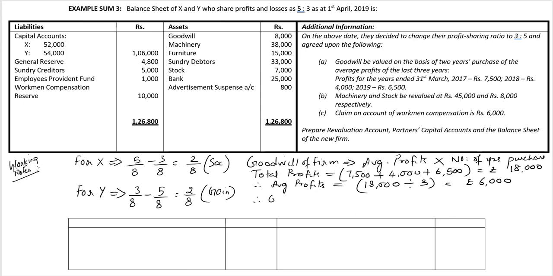Therefore, goodwill of firm is equal to the average profits of rupees 6,000 into the number of years purchase given as 2. Goodwill of the firm is rupees 12,000. Now let's continue with the solution. We'll prepare the revaluation account first.